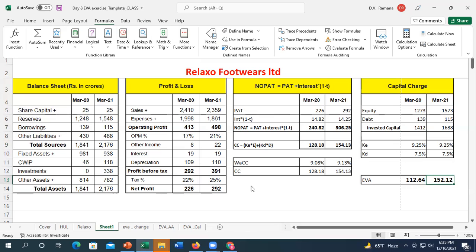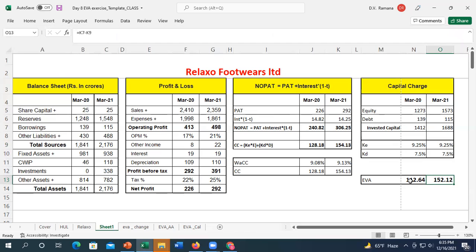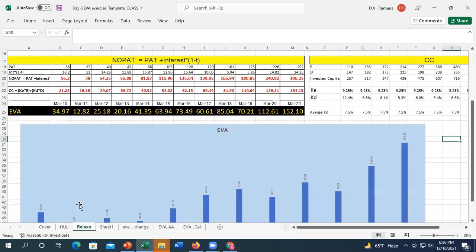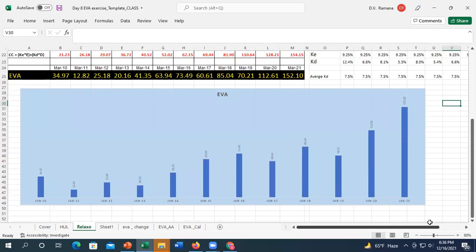But is it that Relaxo is generating EVA only for the last 2 years? Not really. We did the same calculations for the last 10 years, from 2010 to 2021. And what is interesting and important for us to see is that continuously the EVA of Relaxo has been rising.